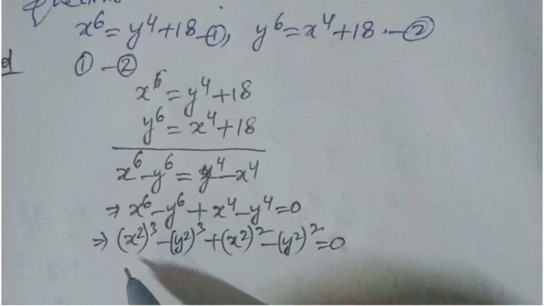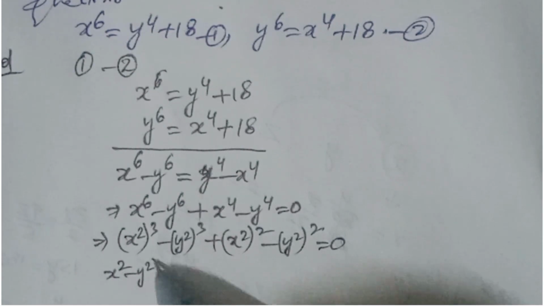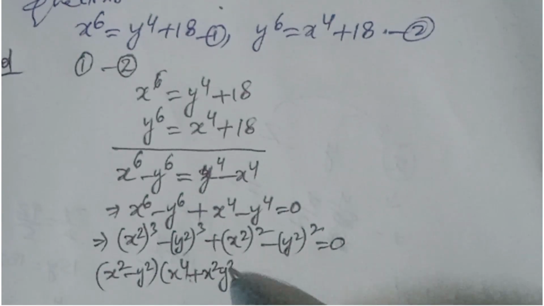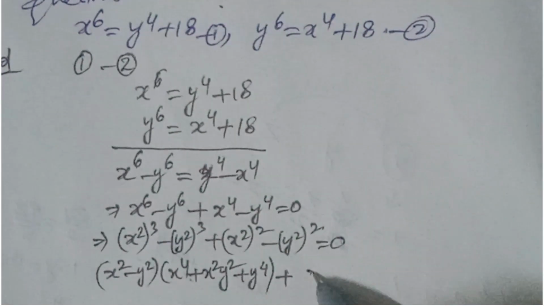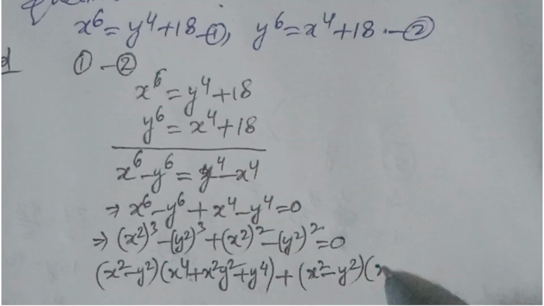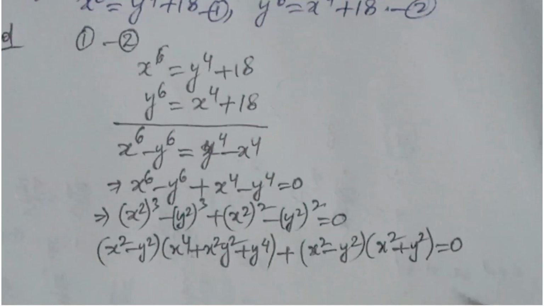So if you write the factors of this, here you'll get x square minus y square into x to the power of 4 plus x square y square plus y to the power of 4. The second one you'll get x square minus y square into x square plus y square is equal to 0.